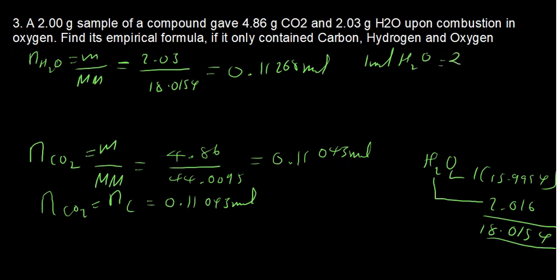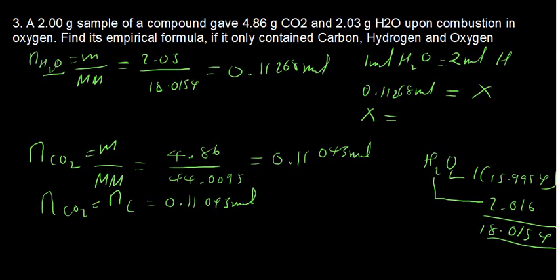Now, one water molecule contains 2 hydrogens. As we can see, in 1 water we have got 2 hydrogens. Now these moles we found are for water. So 0.11268 moles are for water. How many moles of hydrogen will be there? So we cross multiply. That will be 1 times x, and then we just multiply the 0.11268 by 2.